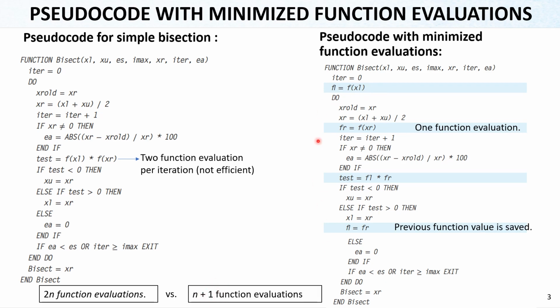Before the for loop or do loop, we will only have one function evaluation. So we reduce the function evaluations from 2n to n+1, and this is again a very efficient bisection algorithm, and we recommend you to use this to minimize the function calculations.